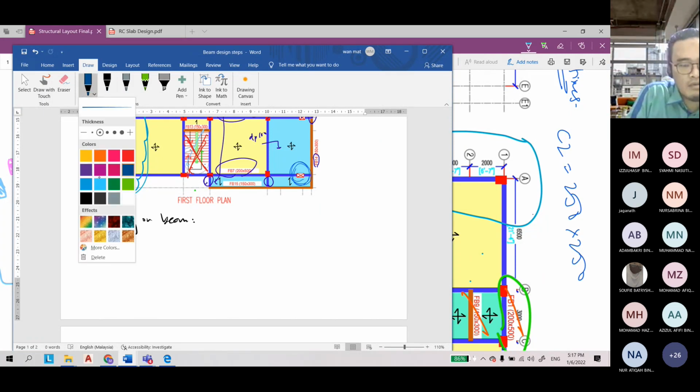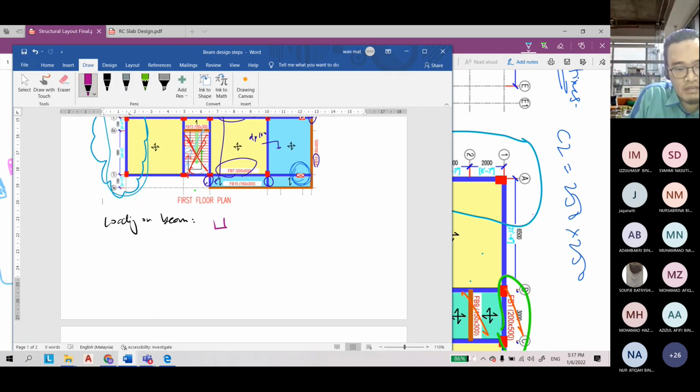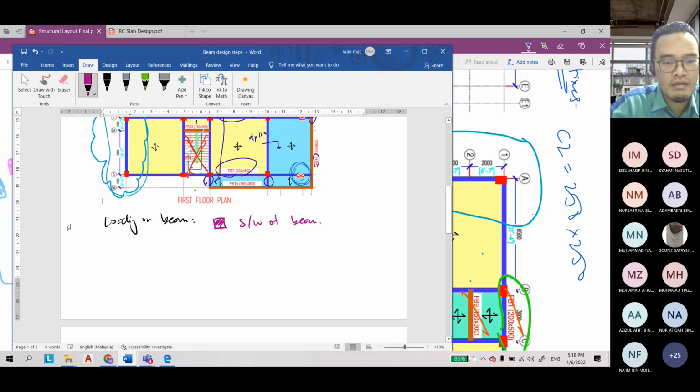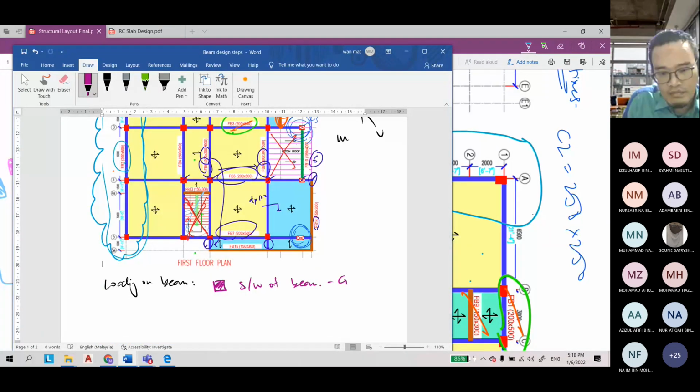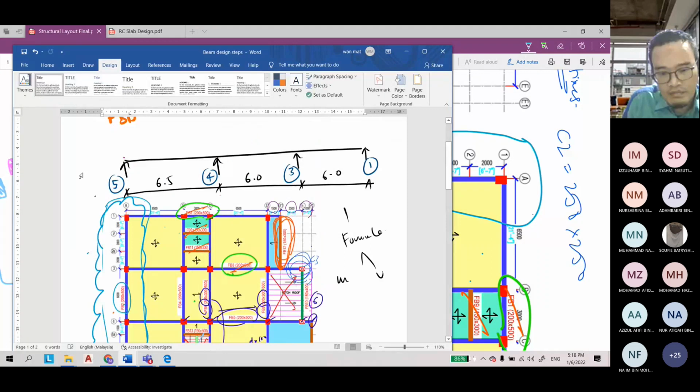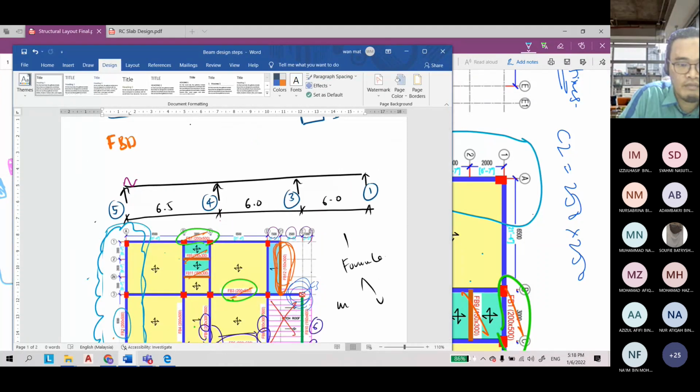This color is the self weight of the beam. So the self weight of the beam, this is the GK.